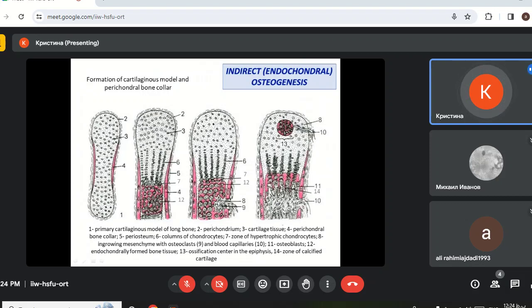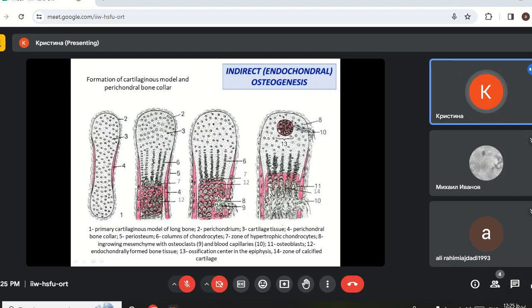The cartilage continues to be broken down toward the epiphyseal area here, and it is partly broken, and upon the remnants, remaining areas of the calcified cartilage, the newly formed bone tissue starts to grow, and this will be called endochondral bone.